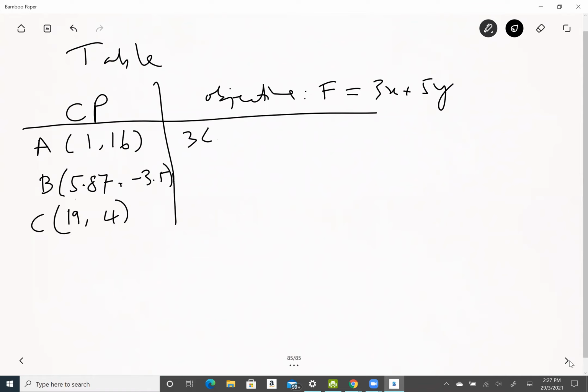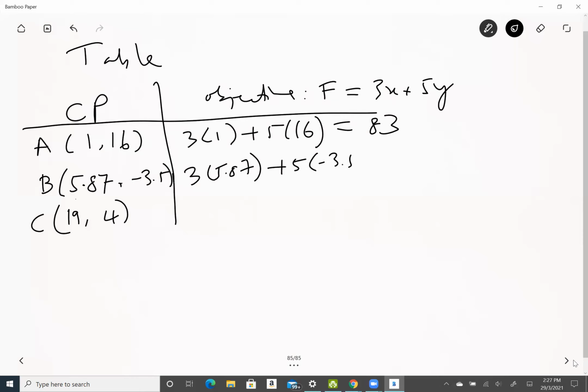First point, I got 3 multiplied by 1 plus 5 times 16. What is it equal to? 5 times 16, and then you add 3. What do you get? 83. Now you put in the second point: 3 times 5.87 plus 5 times negative 3.5.